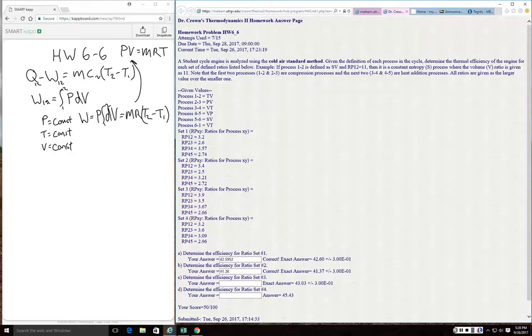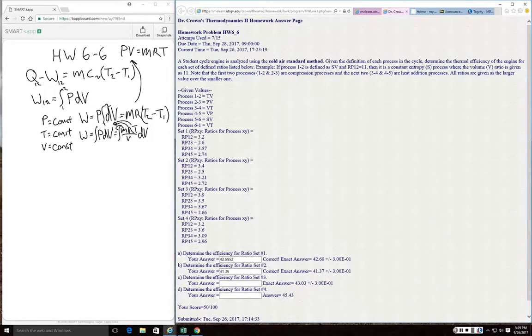Now what if we had a constant temperature process? Well, then work equals integral P dV, but pressure I can write as mRT over V, so I'll do the integral of mRT over V dV. I can bring the m outside the integral, the R outside the integral, and the T outside the integral because it's a constant temperature process.